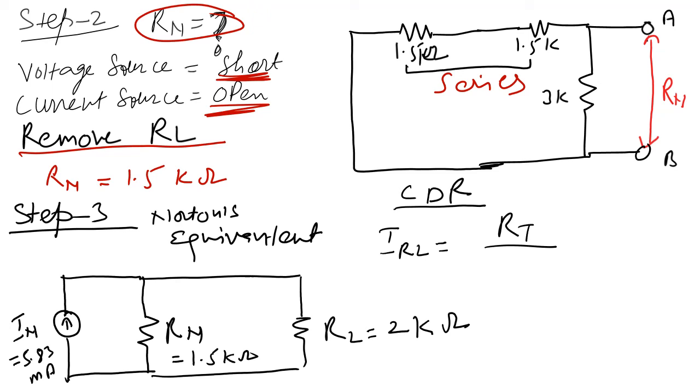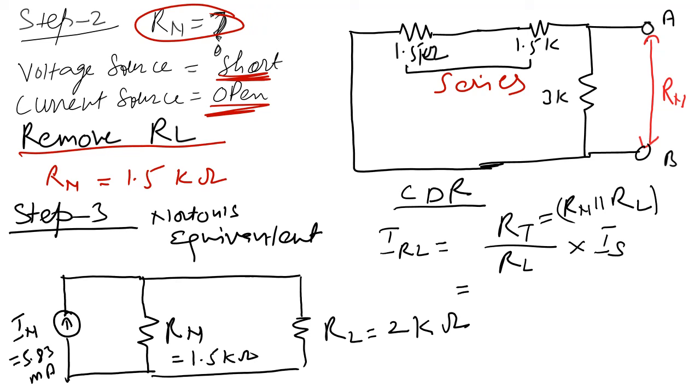This RT is the parallel sum of Rn and RL. So the current is RT divided by RL, multiplied by the source current, which means the Norton current.